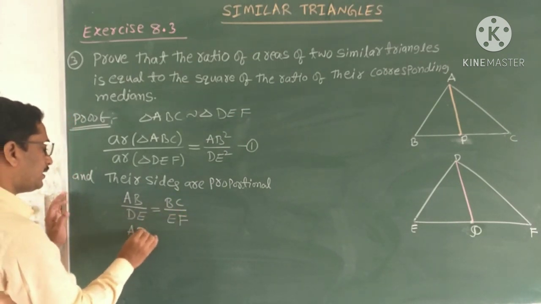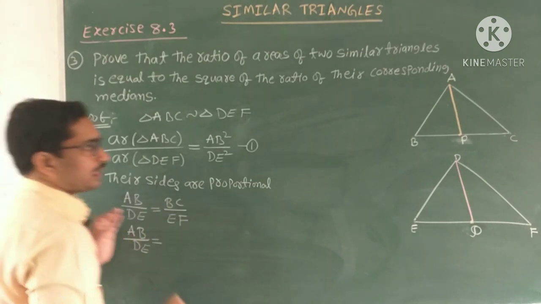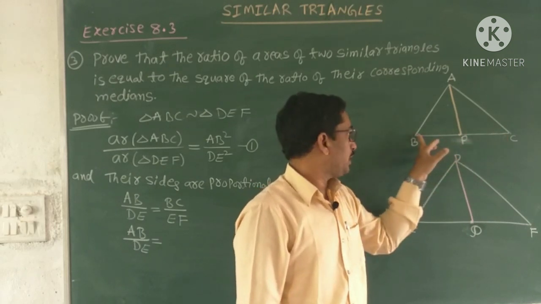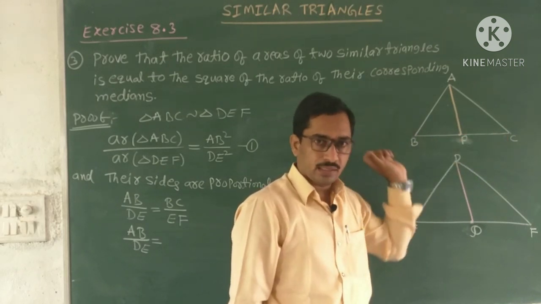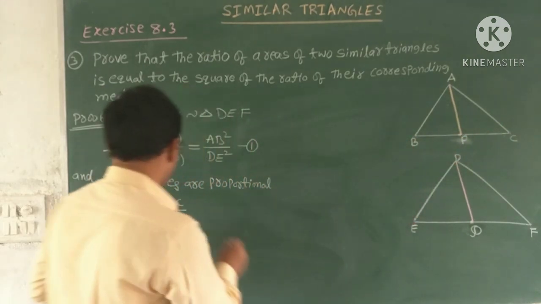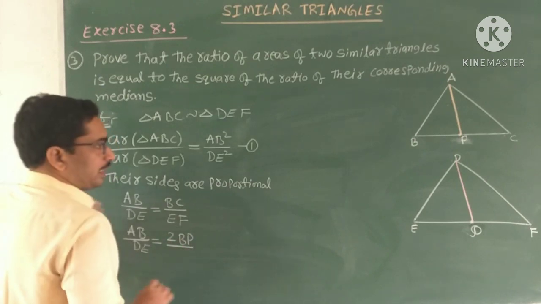Here the left side stays as it is, AB by DE. But what is the length of BC? BC is written as 2 into BP. We already completed the given data. So BC equal to 2 into BP, so BC value is 2 into BP by EF.